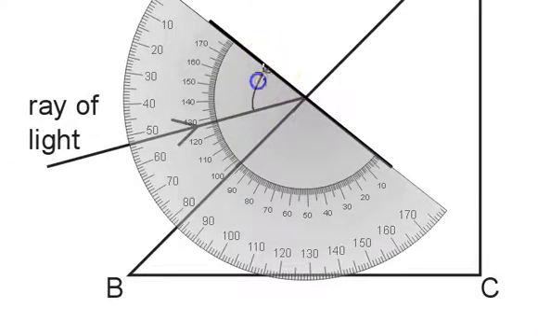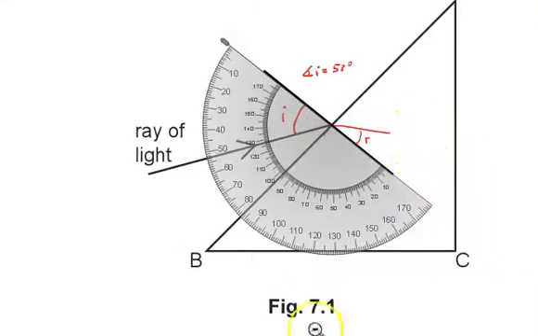This is the incident angle i, and this is the refracted ray r. The incident angle is about 53 degrees.